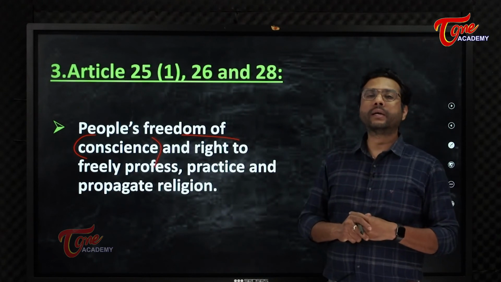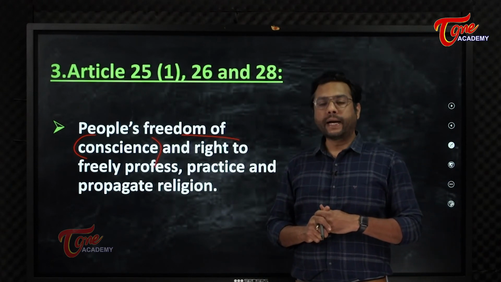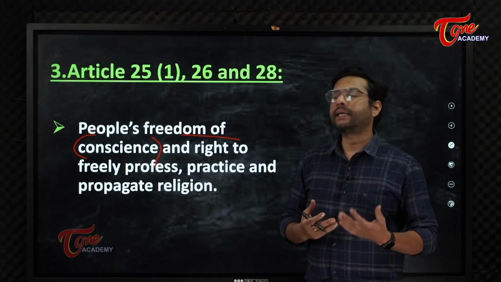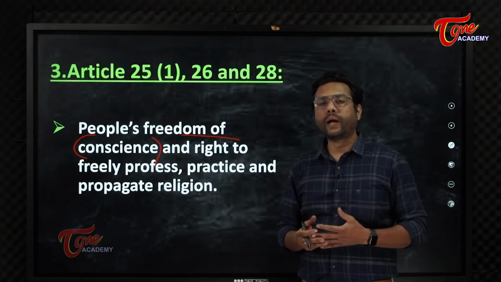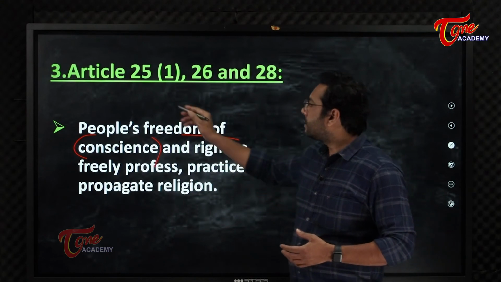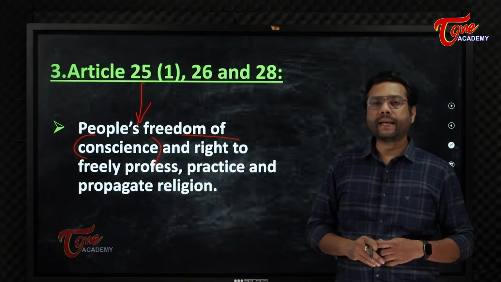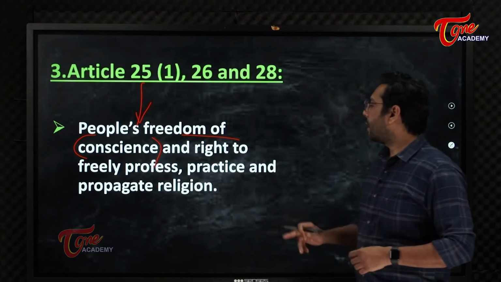So no one is under pressure to adopt any religion, but can adopt a religion by his conscience. They can shift to any religion. So this is an important religious safeguard guaranteed by the Constitution under fundamental rights.